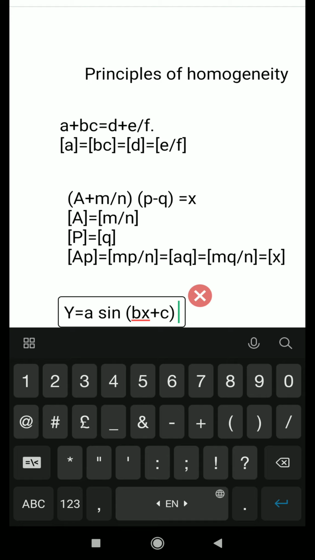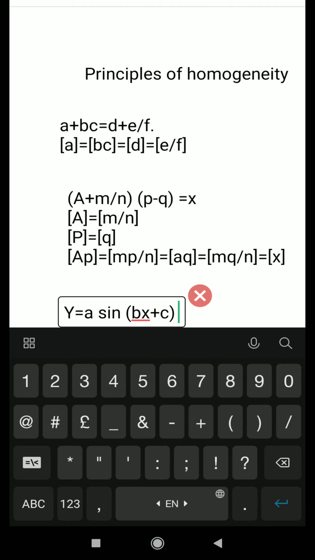You know sine has an angle under it. So bx plus c is the value of an angle, so bx plus c is dimensionless, and sine of bx plus c is also dimensionless, so the dimension of y equals the dimension of a. Clear? And bx plus c is dimensionless, so bx equals c equals dimensionless.